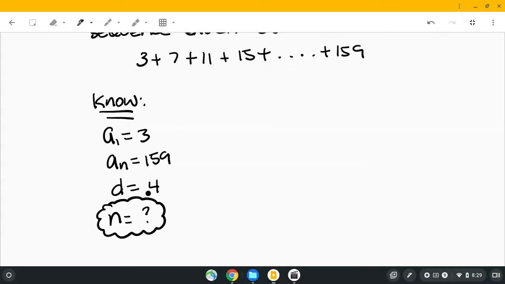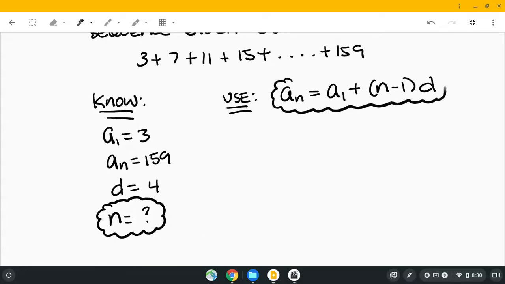I only have these here, but I also have a formula that ties these 4 variables together. I can use the nth term formula: an is equal to a1 plus (n minus 1) times d. This formula uses all 4 of these together. So I can use this to find my n.